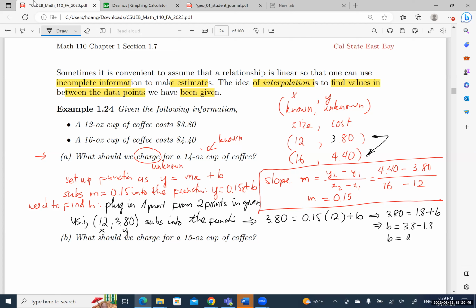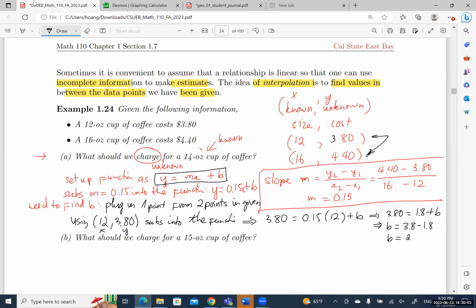So I found B, and I found M, right? I can come back to the general slope intercept form and just substitute B into it.